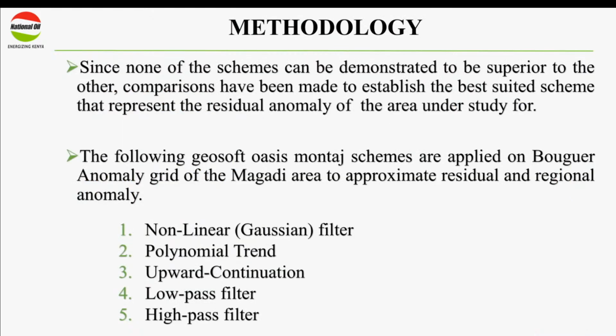So the methodology is the application of filters. I know the filters are readily available in most of the software, but since I was doing the project using Geosoft, that's why the filters have been picked from Geosoft.